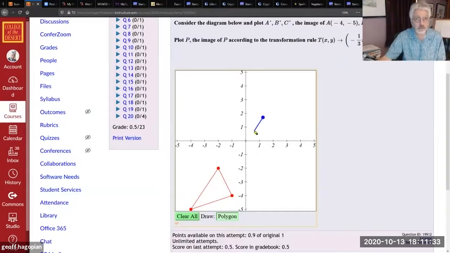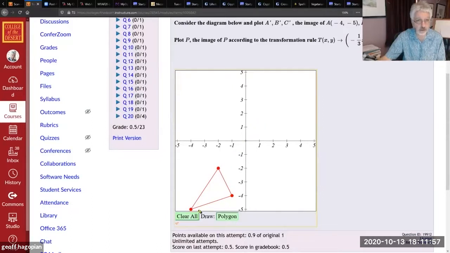Then 2/3, 2/3. There's no way of knowing where my dot is except to eyeball it and say, yeah, that's about 2/3, 2/3. I'm going to say that's right about there. Maybe it's too far up, or not far up enough.